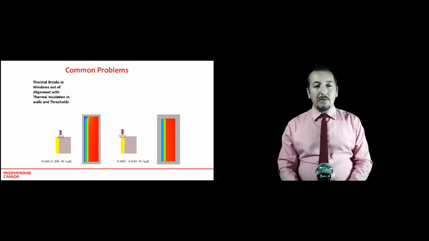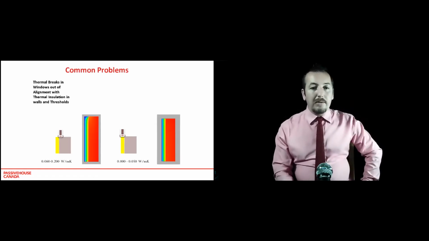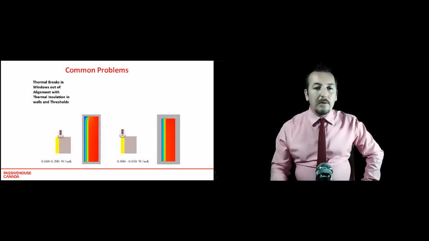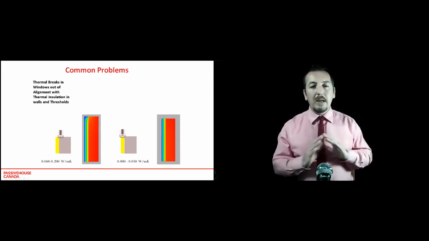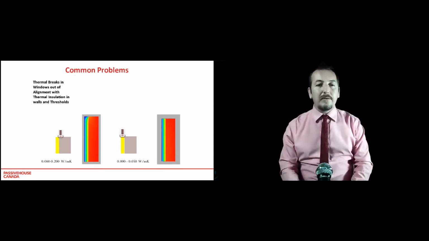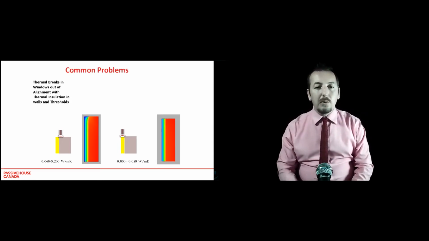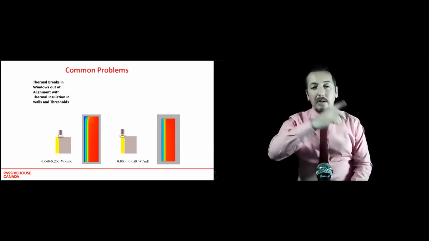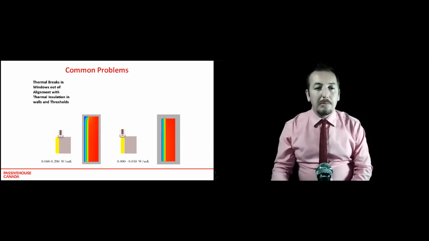Here's a massive one in Ireland, and I think in every corner of the world: putting windows on top of the structural layer rather than out in the insulation layer. This is a big no-no. And I think all of us can identify in bathrooms with the black rings around the window, because the surface temperature is so cold, even in insulated houses.